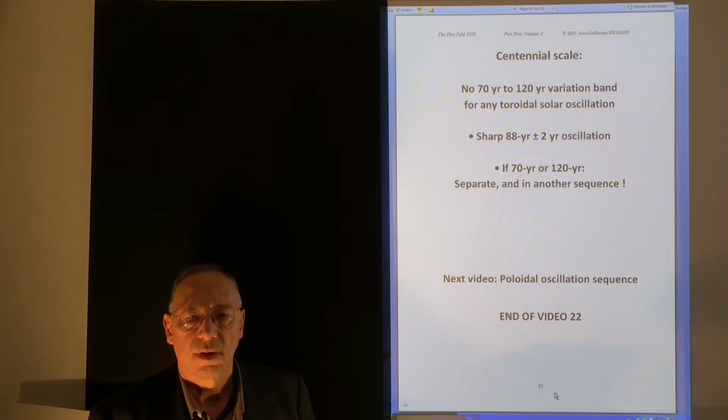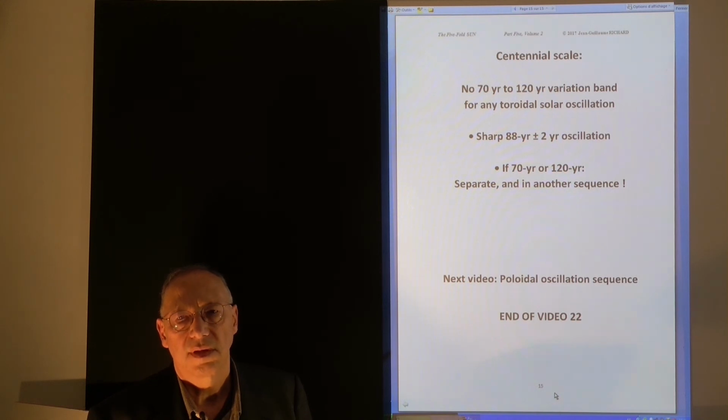Another conclusion of this research is that at the centennial scale there is no 70-year to 120-year variation band, as postulated in many recent publications, at least for any toroidal solar oscillation. In the toroidal sequence of oscillations, what is found is a very sharp 88 plus or minus 2-year oscillation.